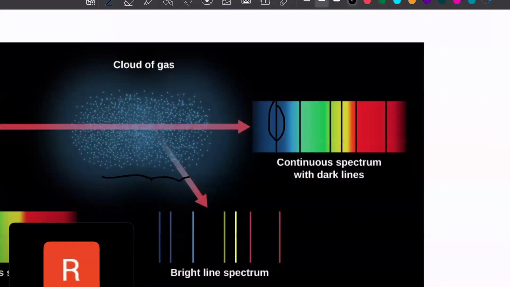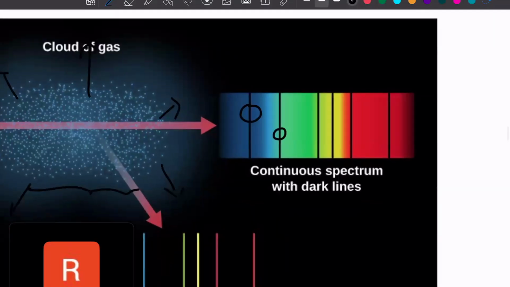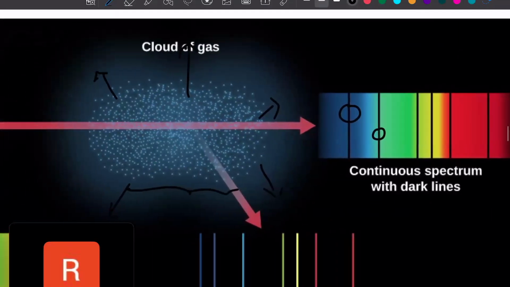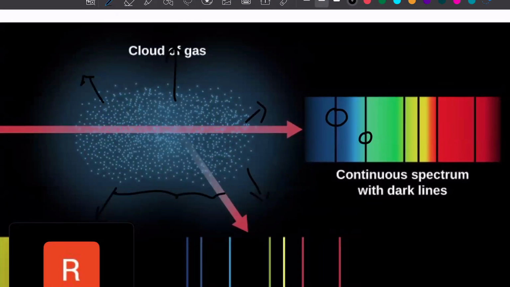It does emit that same energy level again, but it will emit in all directions. So what happens is that the intensity of this significantly decreases relative to the other ones, which are unphased.